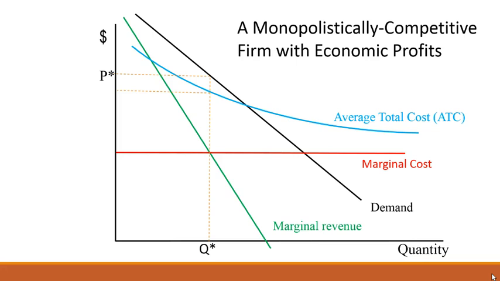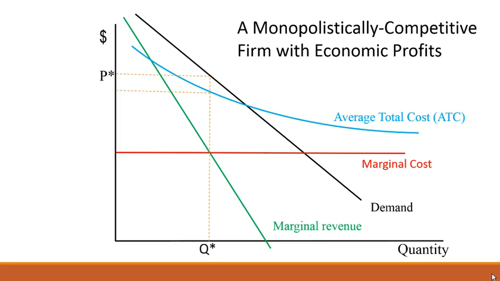It's selling something that's a substitute for the products of other firms in the industry, but the characteristics of this firm's product are different from those of other firms. So that's sort of the monopolistic part of the market structure, selling a unique product.